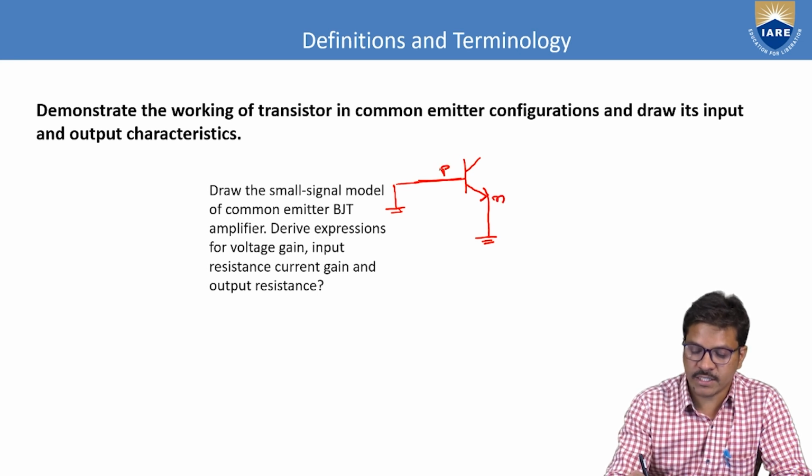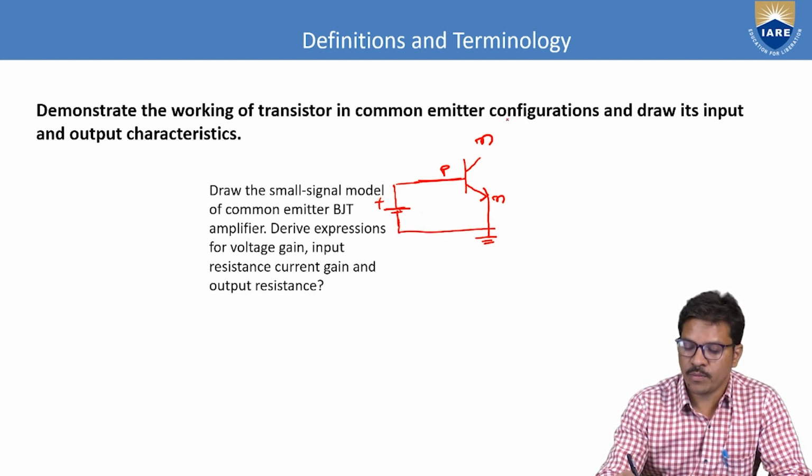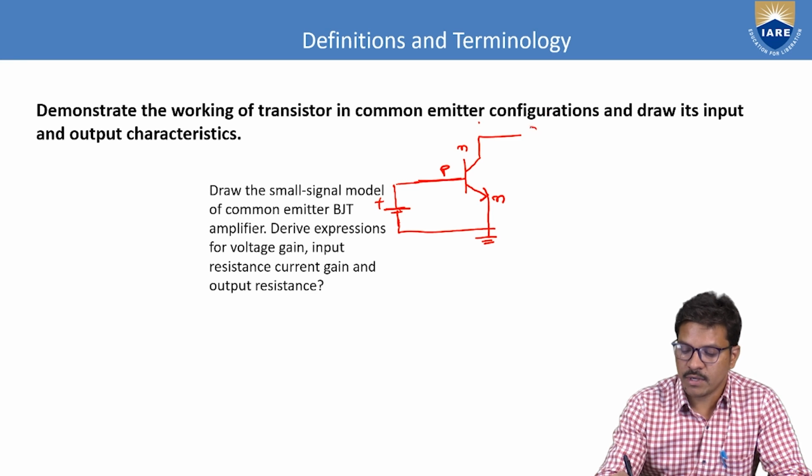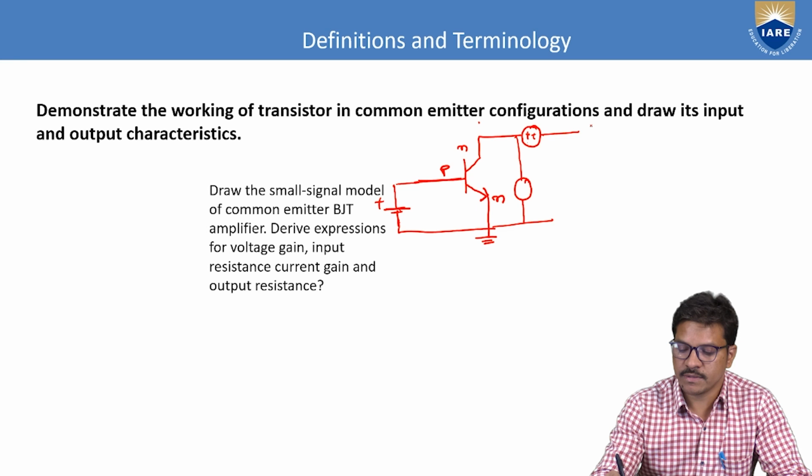For example, in an NPN transistor, P is connected to plus and N is connected to minus. This is the input loop. Then the collector side: if you want to measure the output voltage, we use a voltmeter. If you want to measure the current, we connect a milliammeter or microammeter, and then take the load resistor and supply voltage.